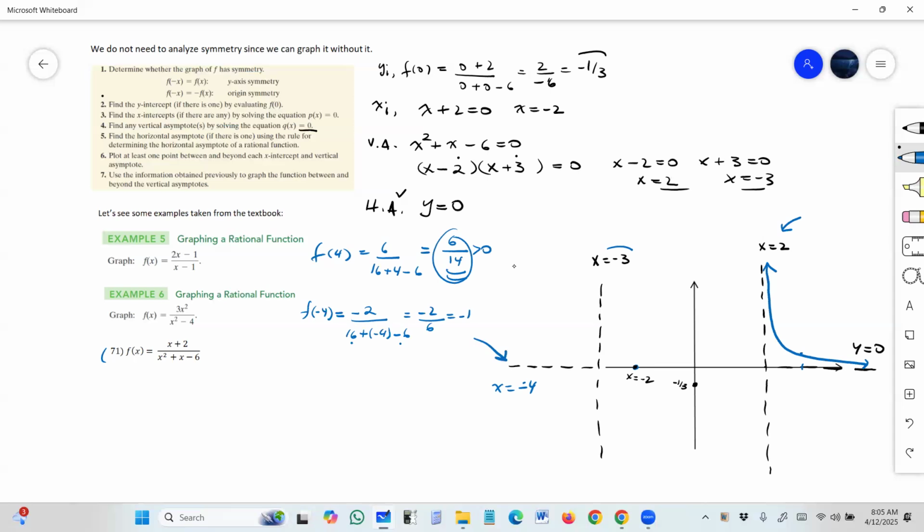So let's just make sure I didn't make any mistake. -2. So this is 10, 6. Yes, -1/3. So now, as before, let me just erase this point. For -4, let's say that this point is -4, the graph is below, which means the graph is not here because I have y equals 0 as a horizontal asymptote, which is great, because that means I already know the behavior of the graph.